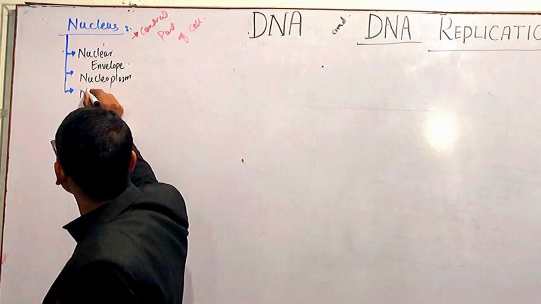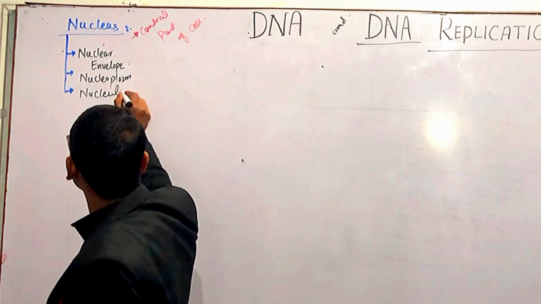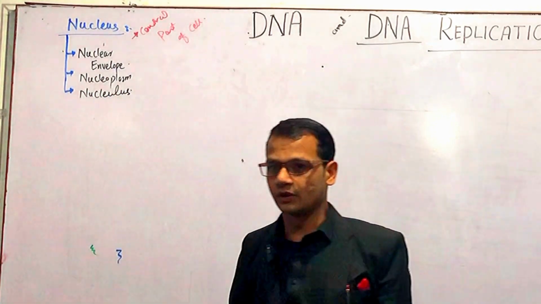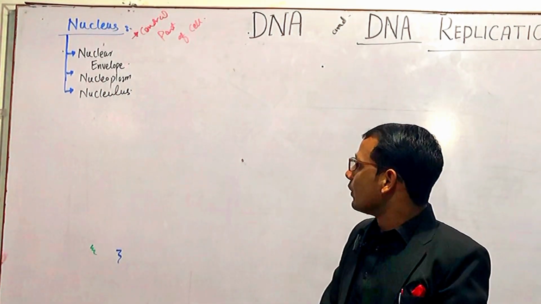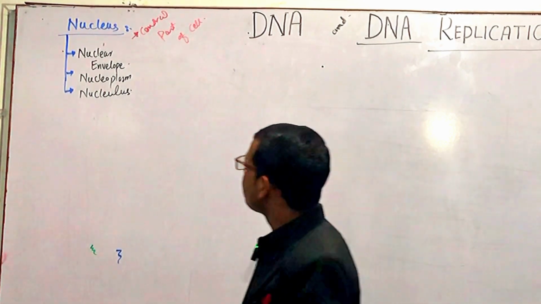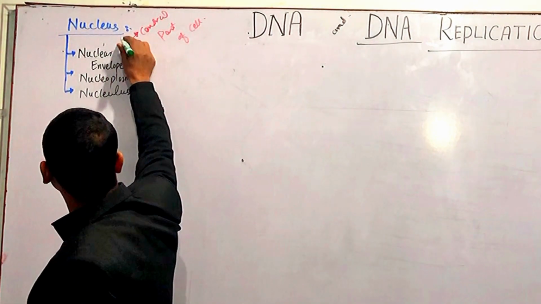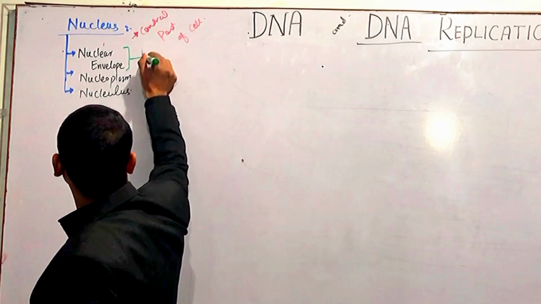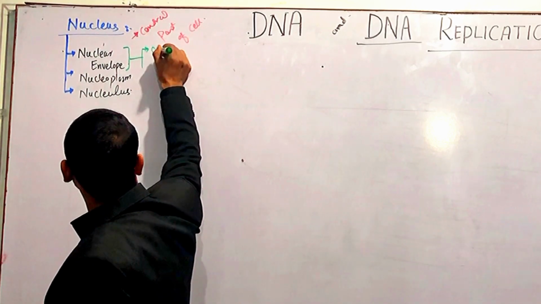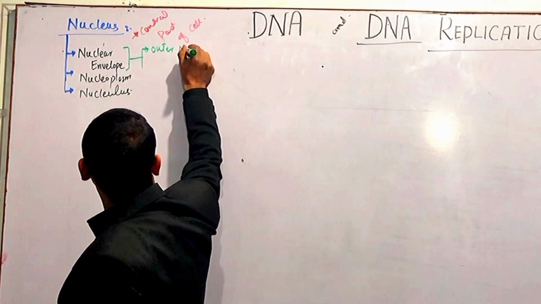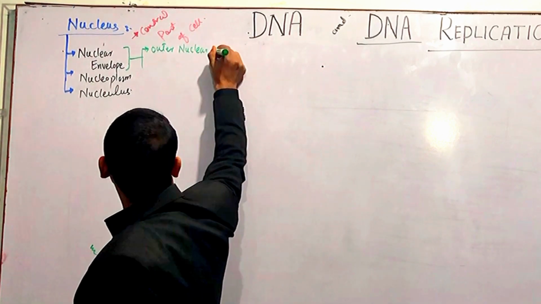And the third one is the nucleolus. The nuclear envelope is composed of three main things. One is the outer nuclear membrane.